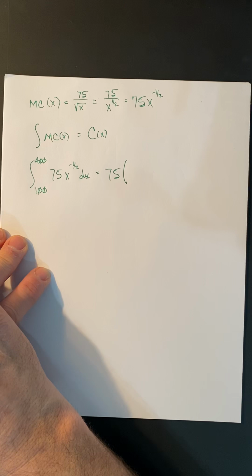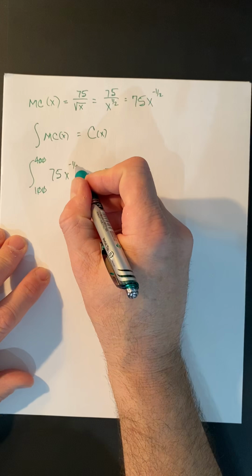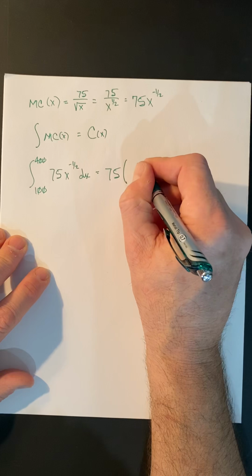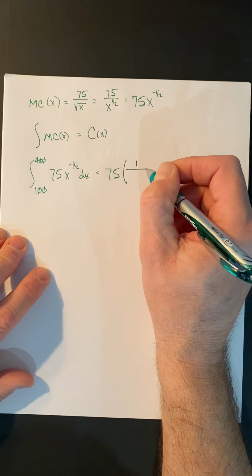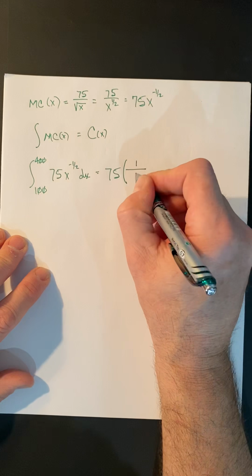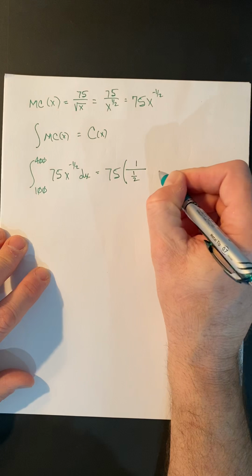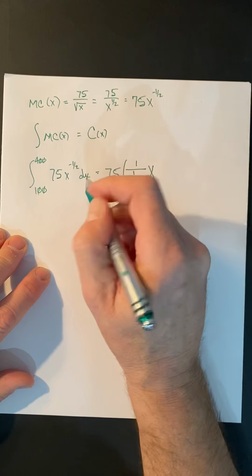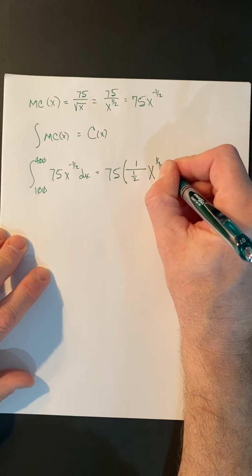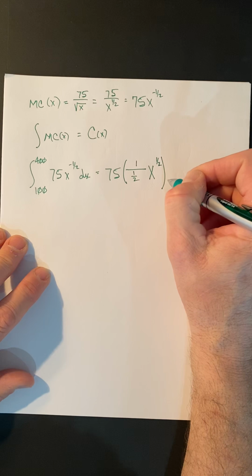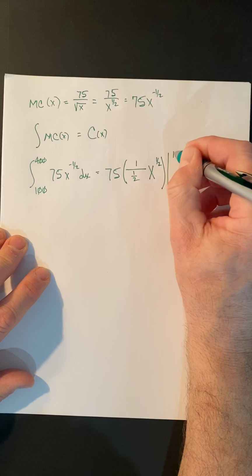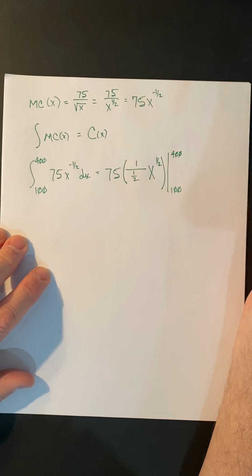And when I do that, I have to identify my a, right? So it's 1 over this a plus 1, okay? So I've got 1 over 1/2 x to the n plus 1. Well, minus 1/2 plus 1 is going to be 1/2, right? And that is going to be from the units 100 to 400, okay?